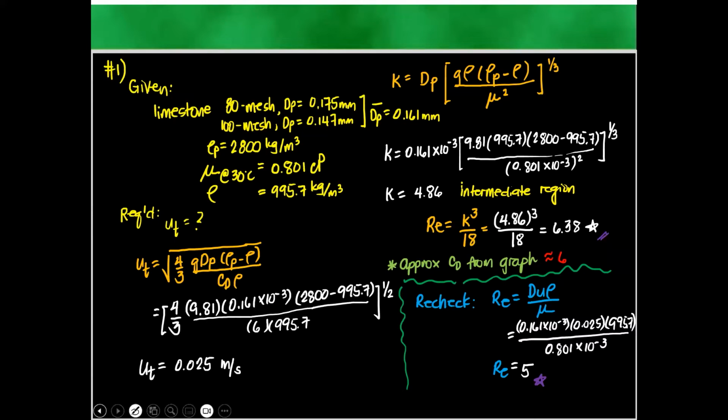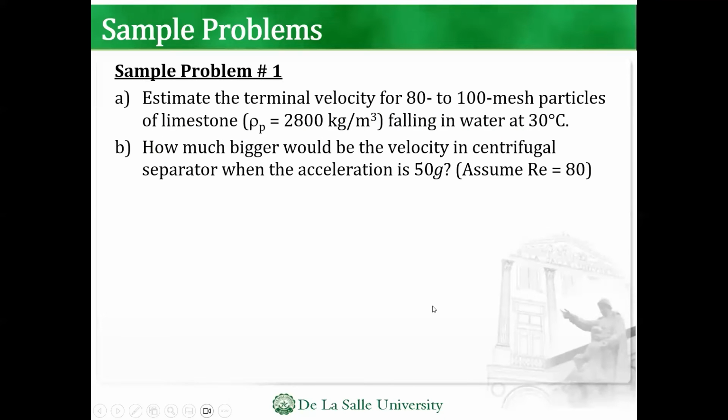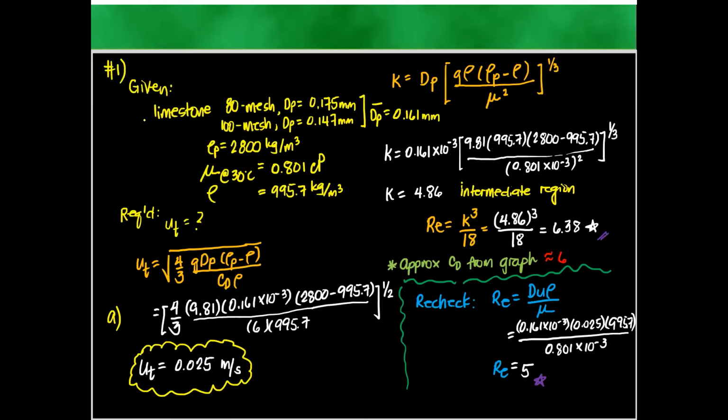Now, we already have one answer for your letter A. This is your A. Letter B: how much bigger would the velocity in the centrifugal separator be when the acceleration is 50 g? So for letter B, number 1 still, UT when the acceleration is 50 g.